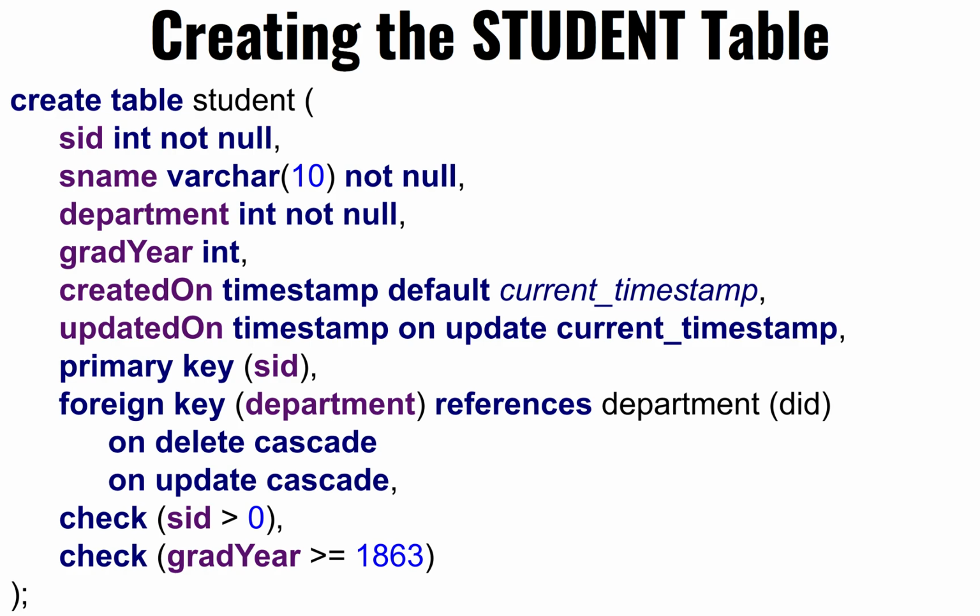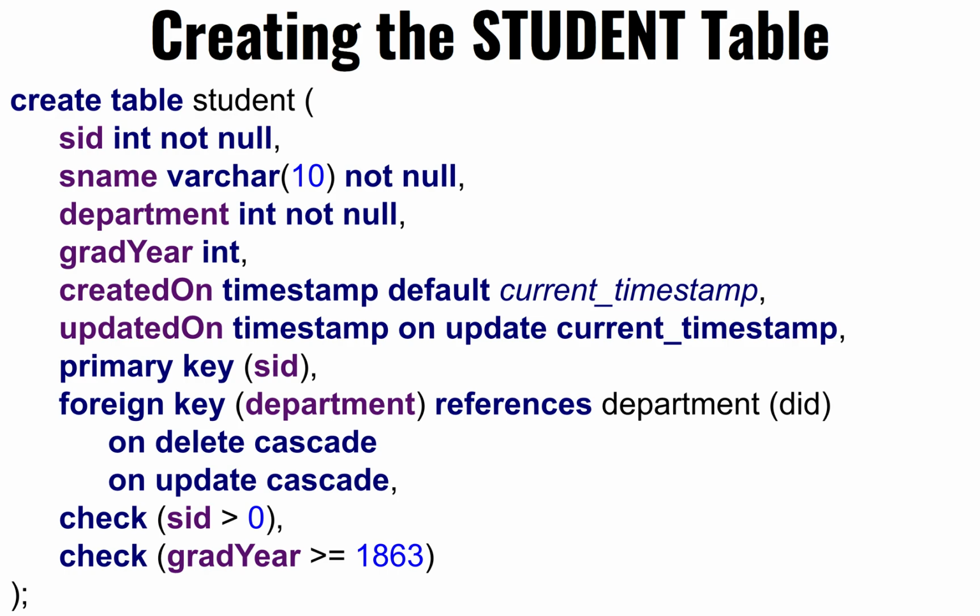For instance, created on and updated on is very common. We want to keep track of a log or an audit, when this record was last updated or when it was initially created. So we can say, well, it's a timestamp. The default value is the current timestamp, meaning when the record was created. I'll look at the clock and use that as the initial value.